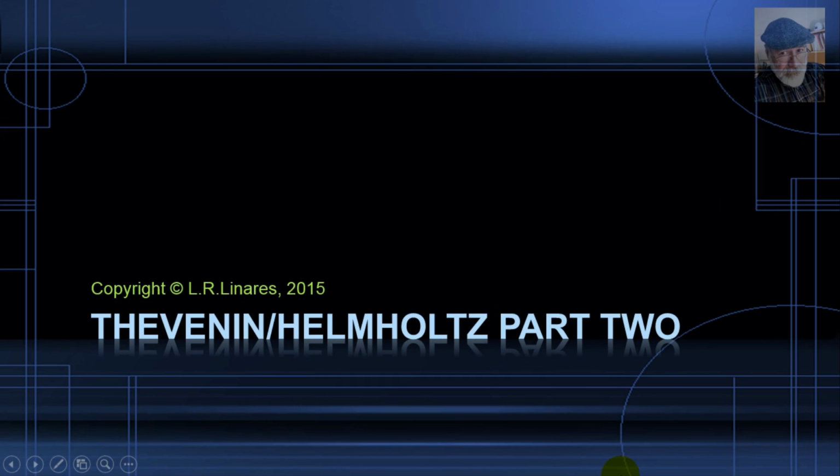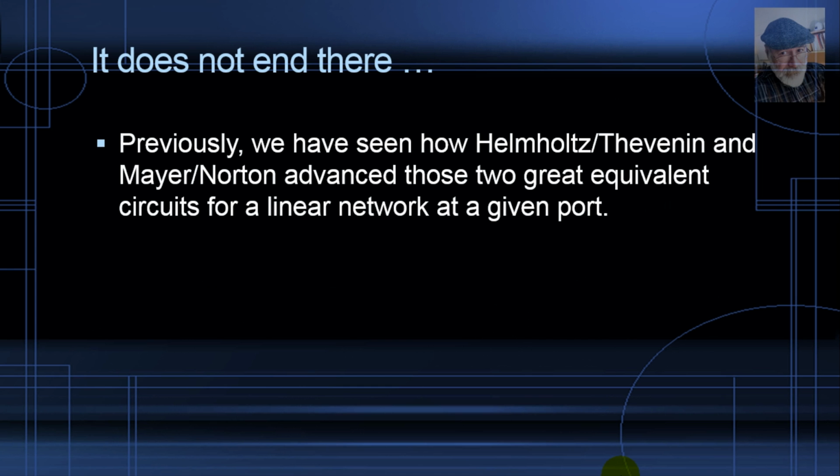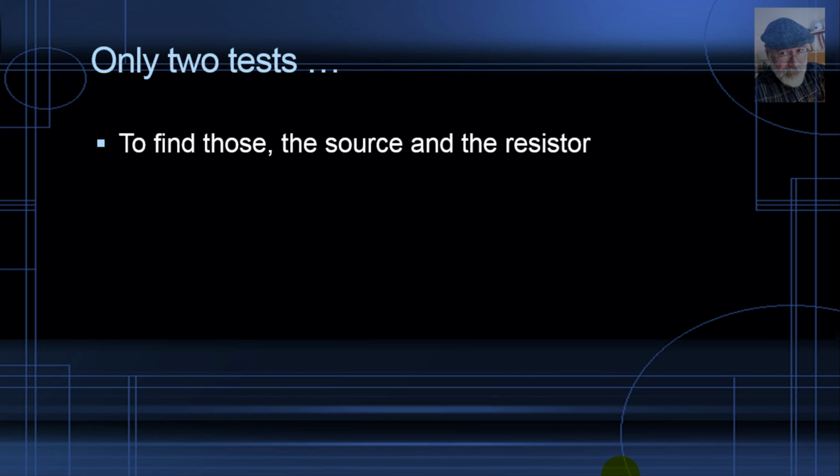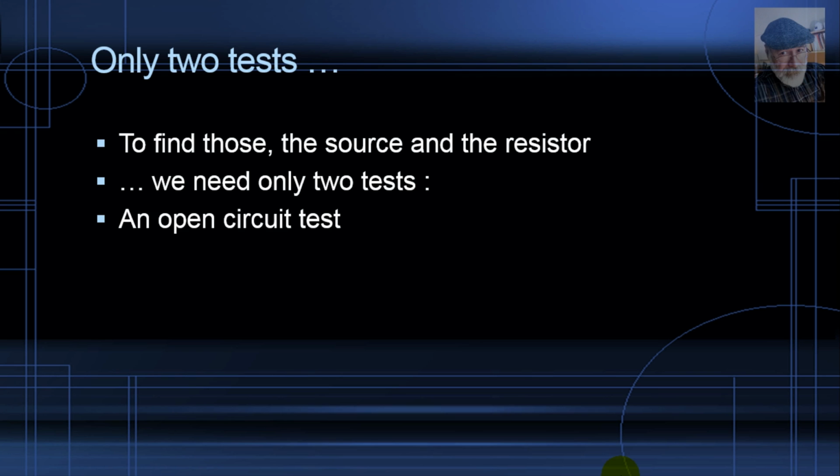Let's have a second conversation on the Thevenin-Helmholtz equivalent circuits, because it does not end here. Previously, we have seen how Helmholtz and Thevenin and Meyer and Norton came up with this wonderful idea of replacing a linear circuit with a simplifying equivalent circuit that has only one source and one resistor, VTH and RTH for the Thevenin equivalent. And we have seen that to find the value of that source VTH and that resistor RTH, we need only two tests, the open circuit test and the short circuit test.